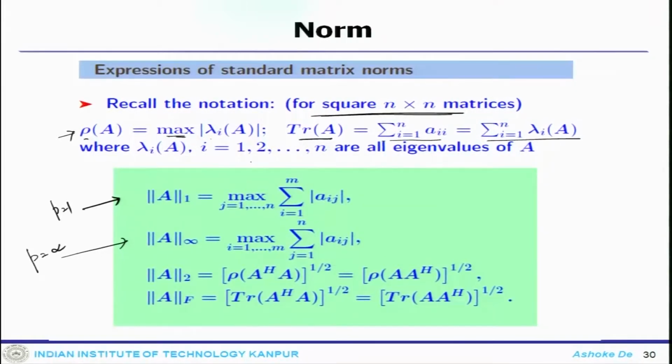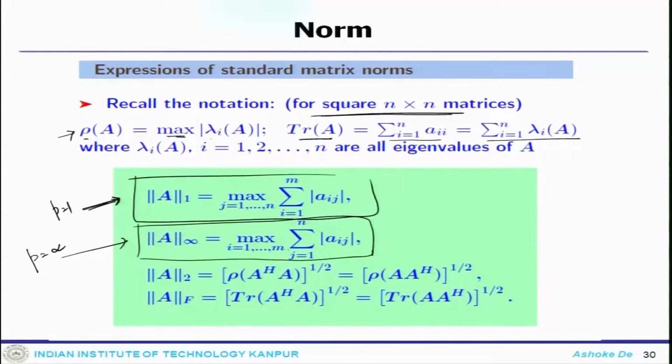Now, you look at the P equals 1 norm. This is going to be the maximum over all these elements as you go over the loop. When you look at the infinity norm, the infinity norm of A is going to be the maximum over i from 1 to m of the sum over j from 1 to n of the magnitude of a_ij.